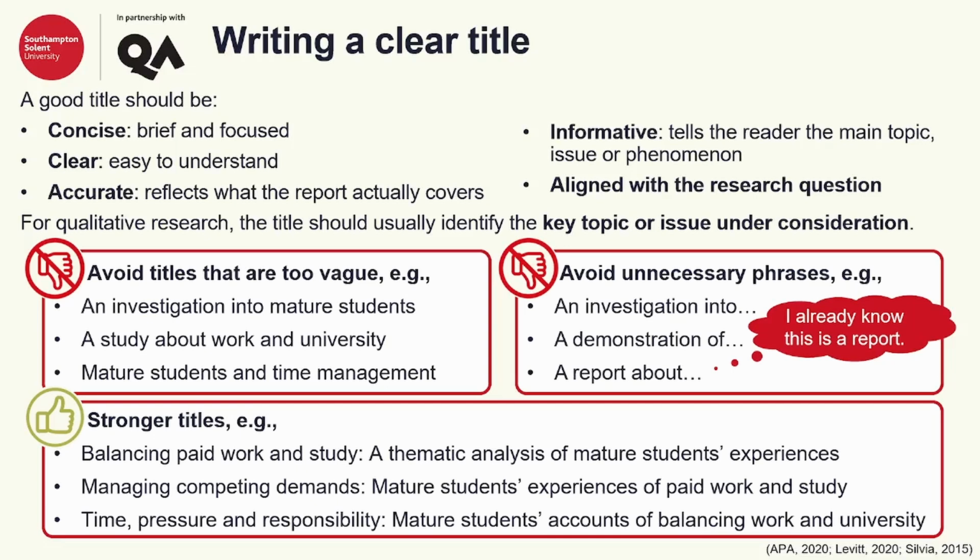It should reflect what the report actually examines. It should not suggest that the study investigates a wider topic, a different population, or a stronger conclusion than the research can support. For qualitative research, the title will usually identify the main topic, experience, issue, or phenomenon under consideration.